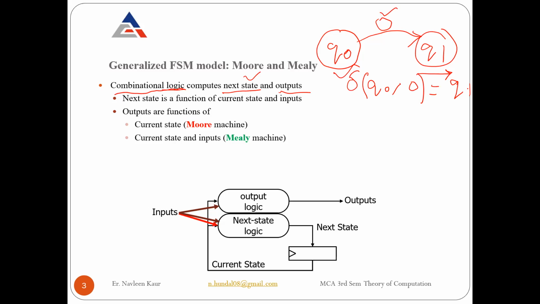So it is taking you to the next state. This is the new thing: side by side, it is also generating an output. The next state that you got is actually a function of the current state and the input. You can see from this diagram that q1 is dependent on them. When I say it is a function of, it means your current state and input decide your next state.